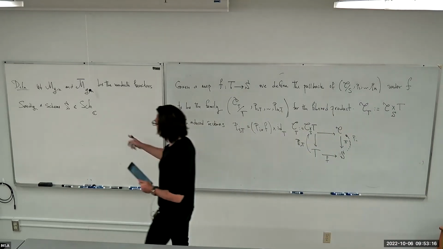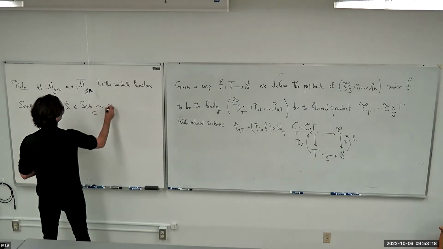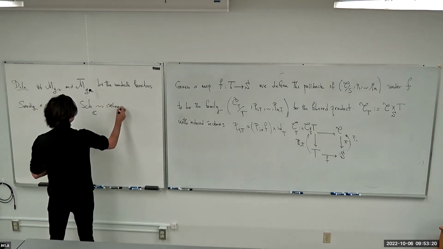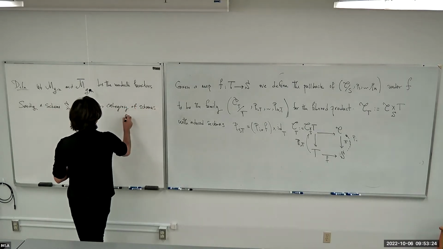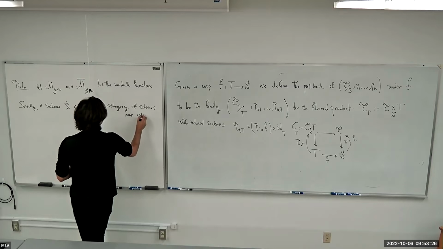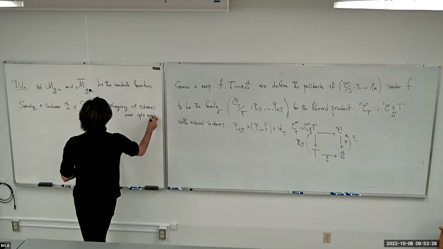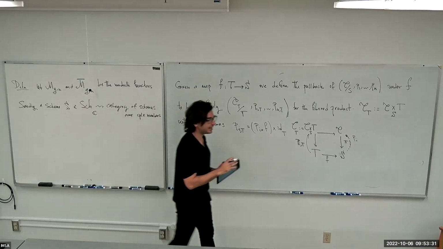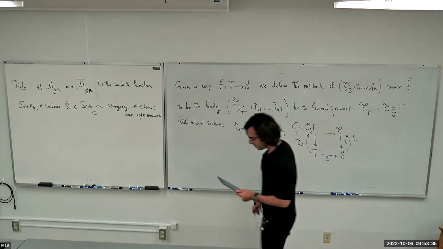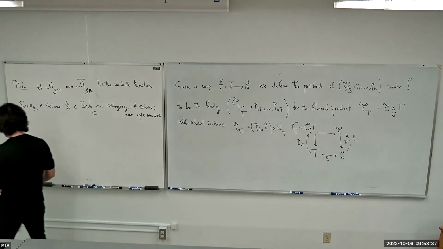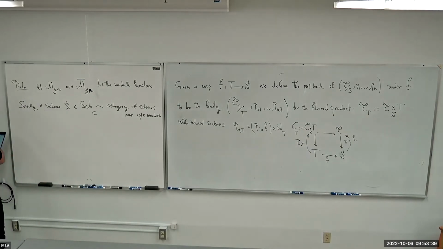So the category is going to be the category of schemes over complex numbers. For now, of course, you can define these things over any algebraically closed field, but we work over complex numbers in this territory. So, schemes over C to the sets.